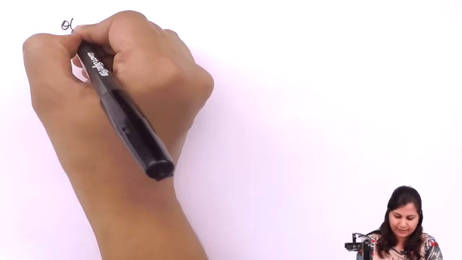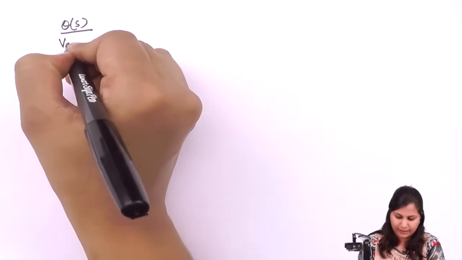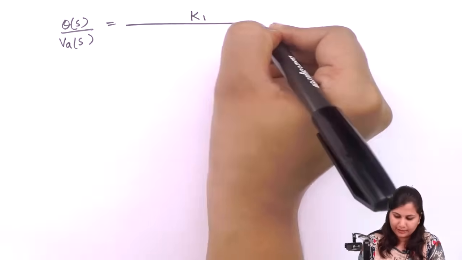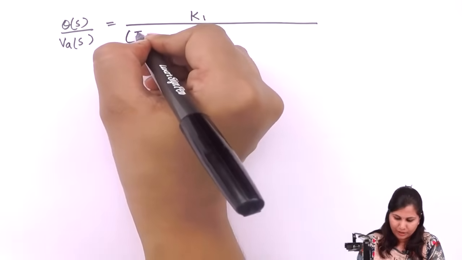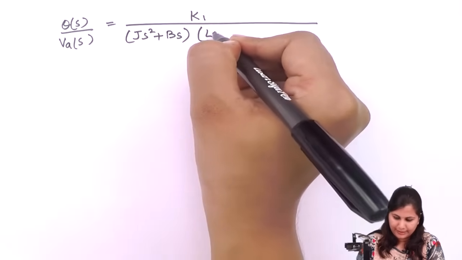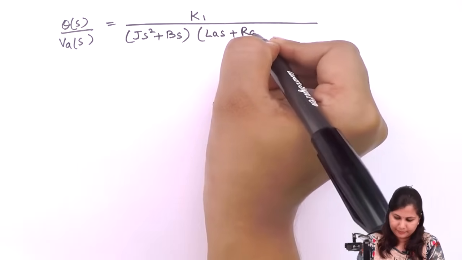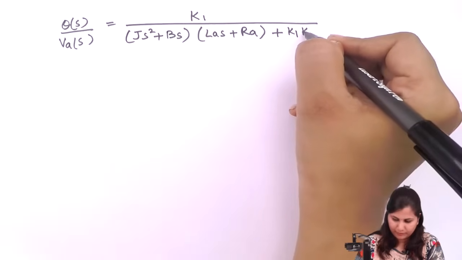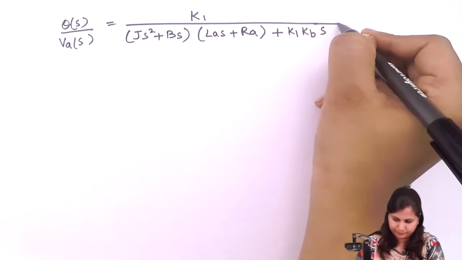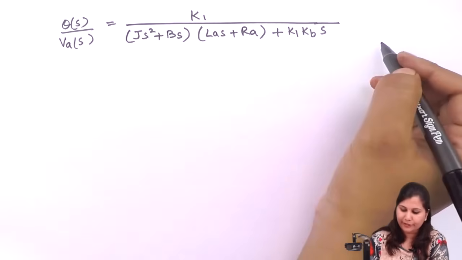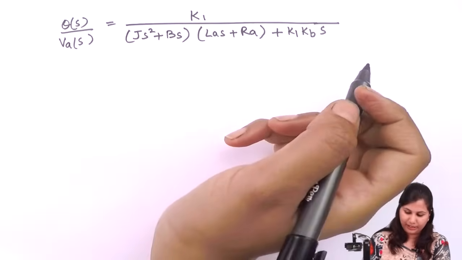So we have to obtain the ratio of theta S and VAS. It will be equal to K1 upon (JS square plus BS)(LAS plus RA) plus K1 KBS. Okay, so this is the ratio of theta S and VAS.